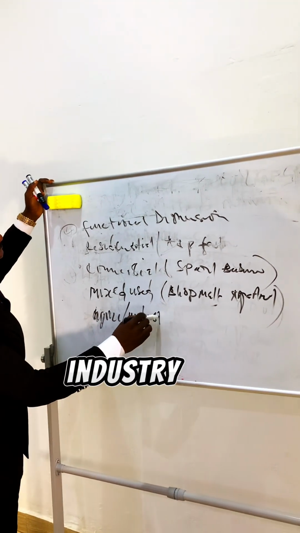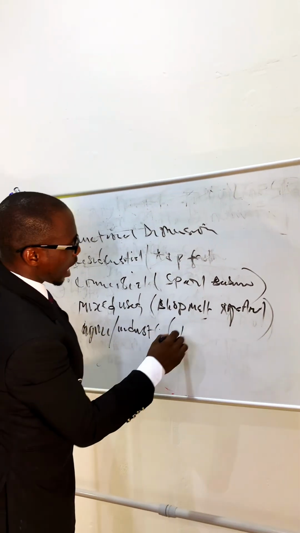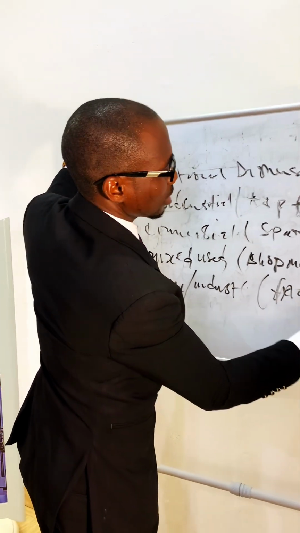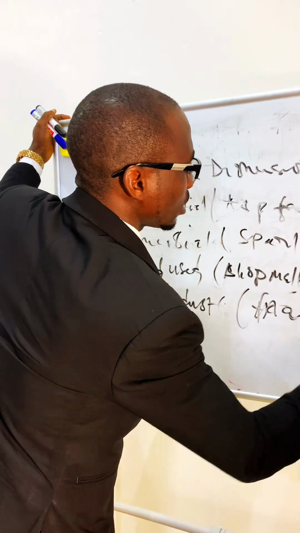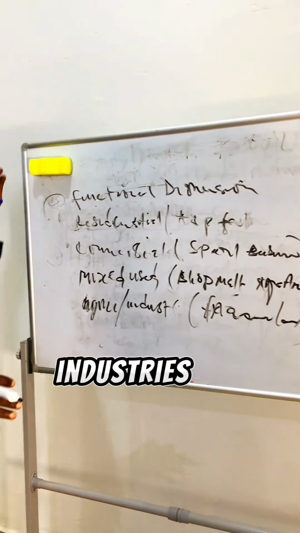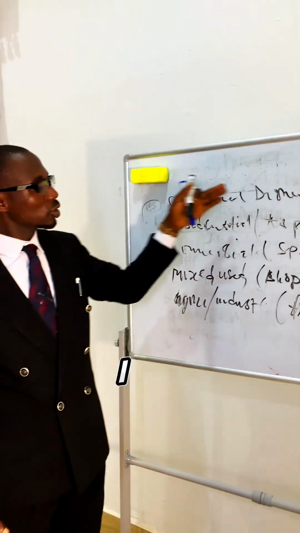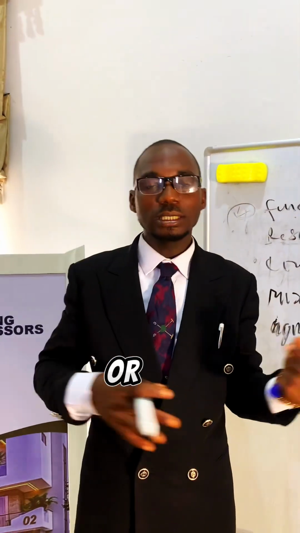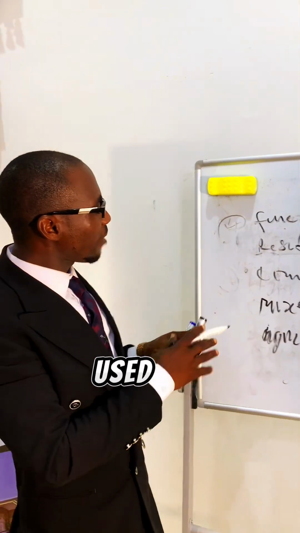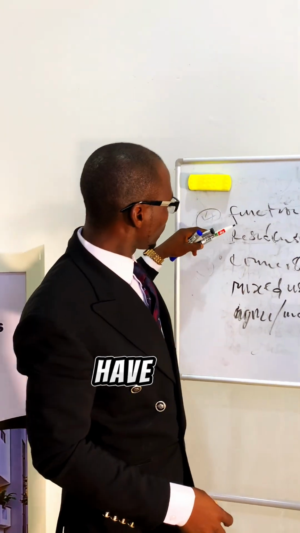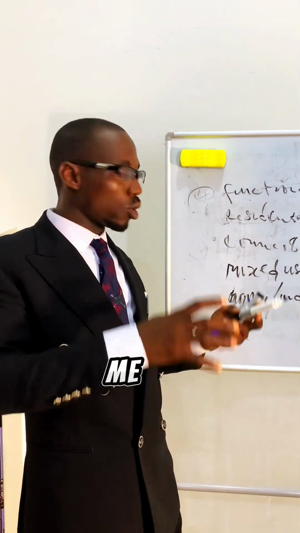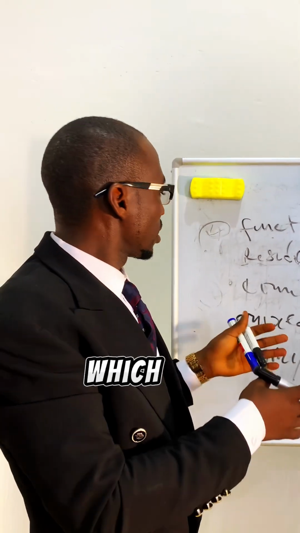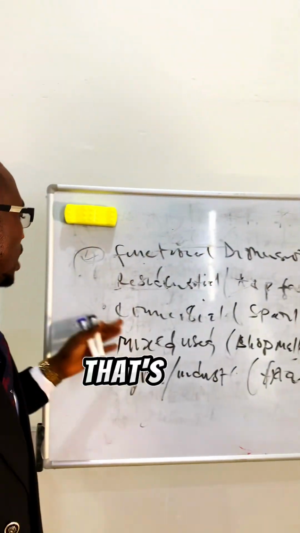Industrial has to do with farmlands, and then industries. Of course, like I said, functional dimension is how a particular property or land is being used. So you have four major areas of how land is being used, which I highlighted here. So that's all about functional dimension.